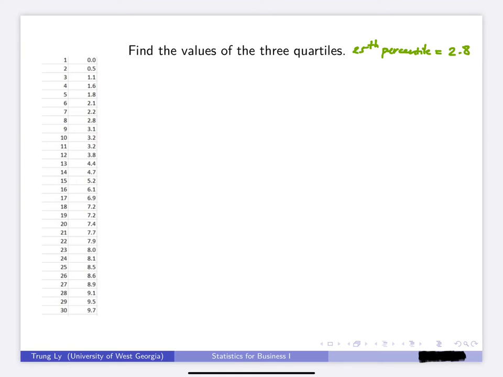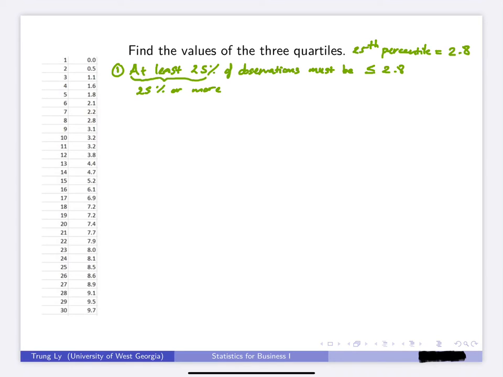Now, by definition, at least 25% of the observations must be less than or equal to 2.8. And when we say at least 25%, that means 25% or more.